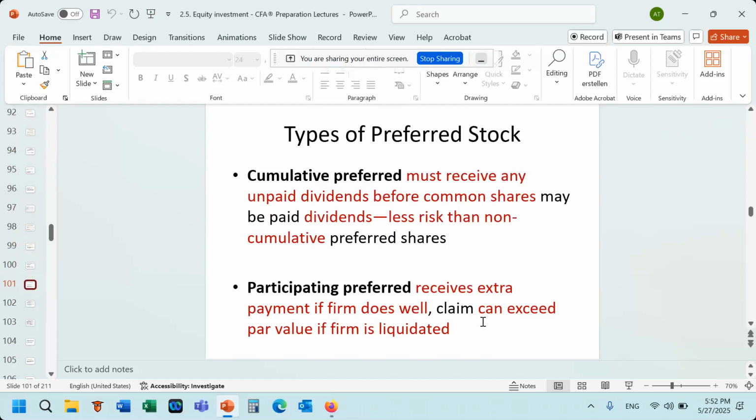Participating preferred means this preferred share gets to participate in some of the firm's growth, not all of it. And in bankruptcy, the judges value this participating preferred more than the interest that is written on them, because you are also participating in the growth of the firm like a stockholder.